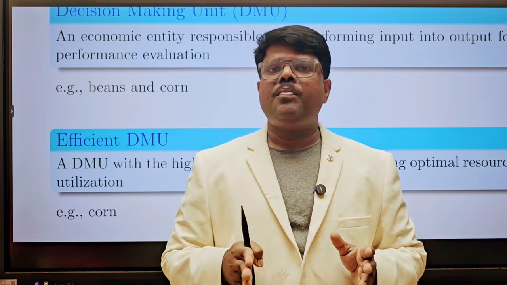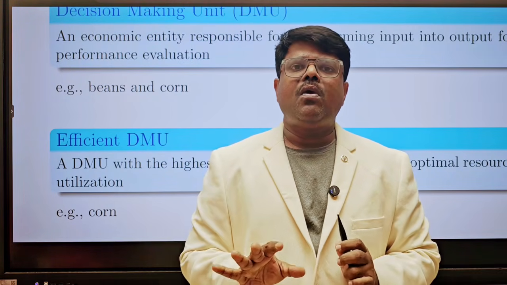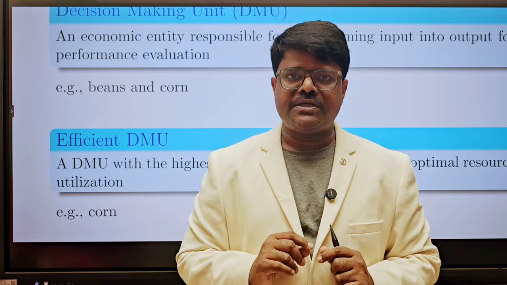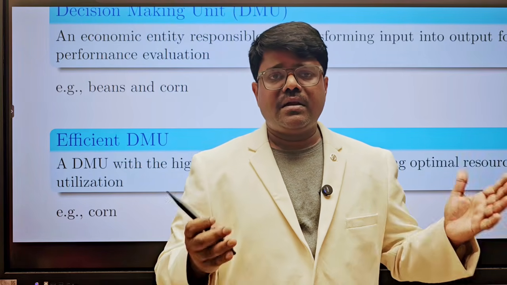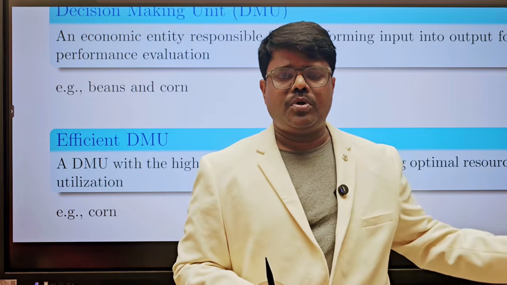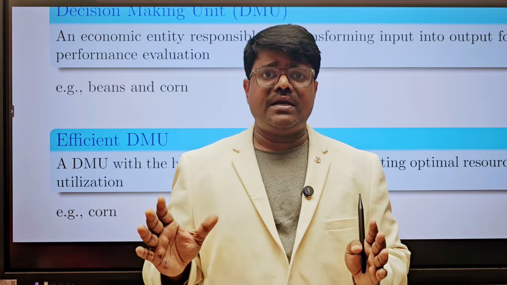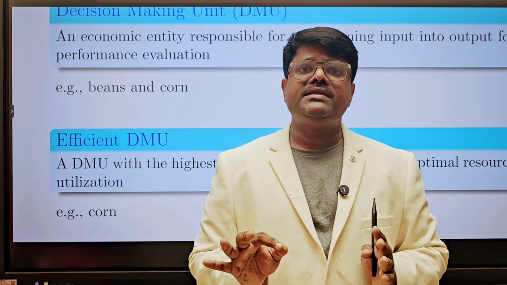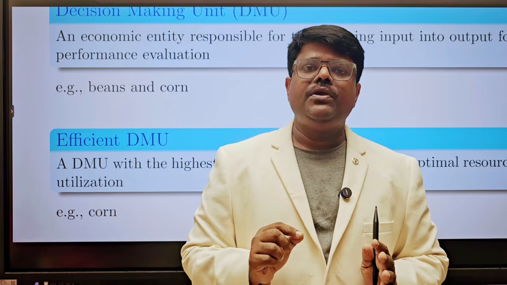If there is a single competitor, he will be the best. Now we will compare which of the 5 hospitals is the best. Each hospital consumes some inputs and produces some outputs, and each hospital is itself a DMU. DMU means decision making unit.